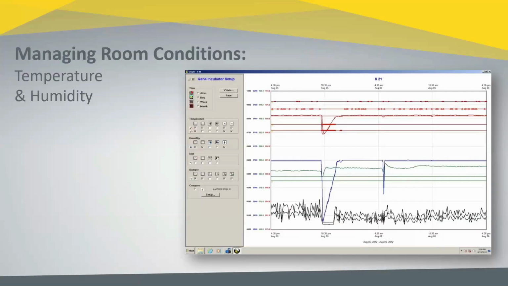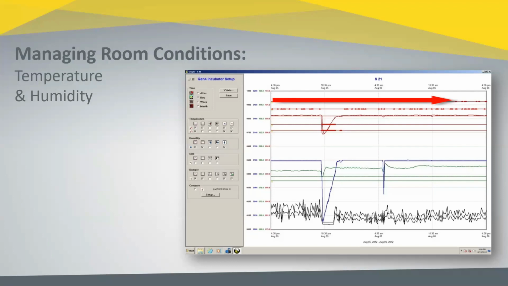So when we talk about managing room conditions past pressure, we get into talking about temperature and humidity. What we're illustrating here is a Maestro graph from a classic incubator. And what we recognize with a classic or a multi-stage incubator is generally that machine runs with a fixed set point, and therefore it's consistently at the same set point all the time.